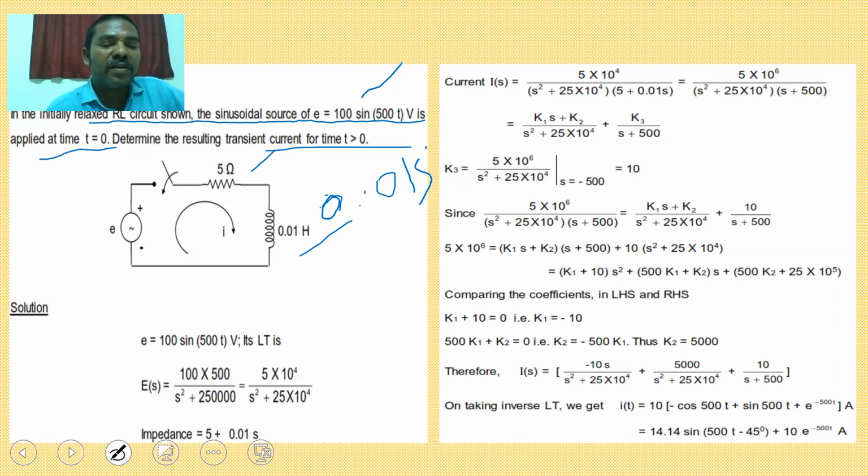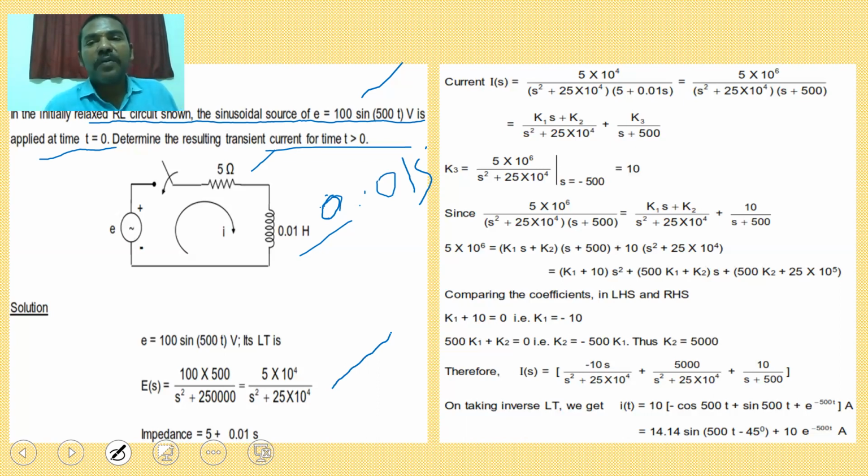So 250,000. That is equal to 5 into 10 power 4 divided by S square plus 25 into 10 power 4. This is your input voltage. So the inductance value is 0.01 s. The resistance value is 5. The impedance value is 5 plus 0.01 s. So now the current is equal to voltage divided by impedance.